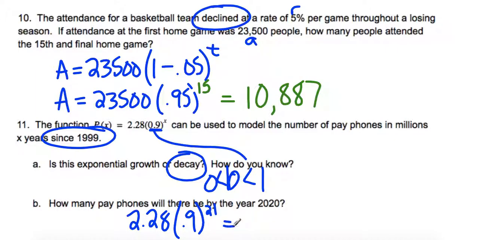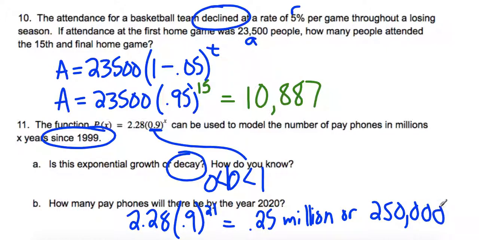So we're going to plug in 21 and get that all in your calculator, and 0.25 million. Or if you want to write that not with decimals, it's like 250,000, right? Either way is fine. So this is exponential decay. Hopefully that all made sense. And we'll be doing some more activities with decay in class.